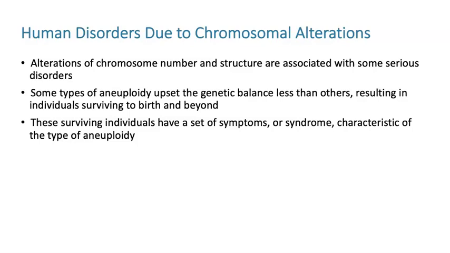What we're going to spend the rest of this lecture on is just talking about a few, not all of them, but just a couple human disorders that are due to chromosomal alterations. And again, we're talking about either altering the chromosome number or the chromosome structure. So again, we're going to look at aneuploidy and what happens to individuals with a particular kind of aneuploidy.